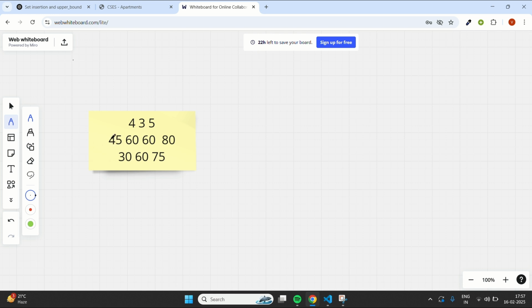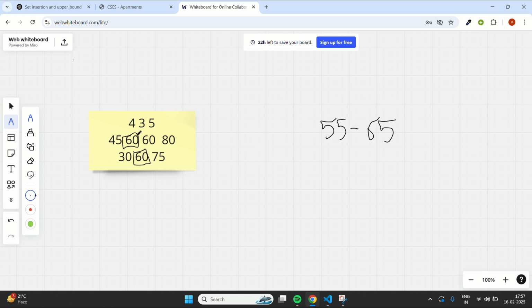So how we are getting 2 is, one customer is asking for size 60, so we can provide him an apartment of size 60 because he is asking for size 60 and k is 5, so he will accept anything between 55 and, sorry, my bad, he will accept anything between 55 to 65.